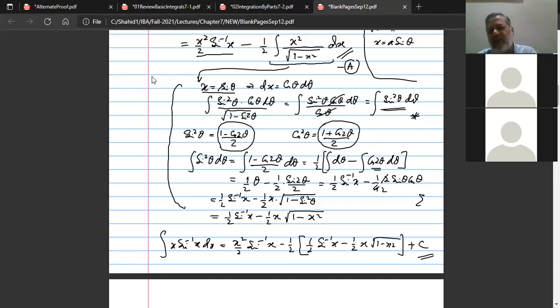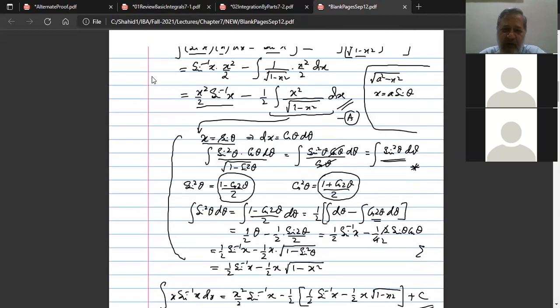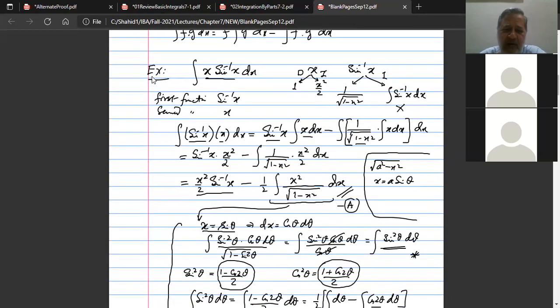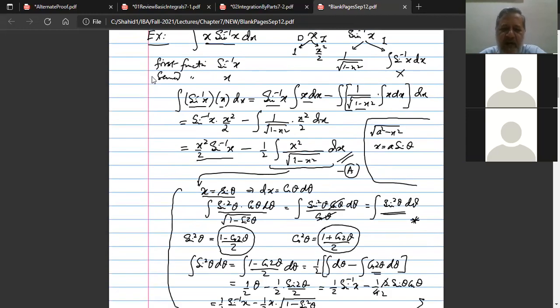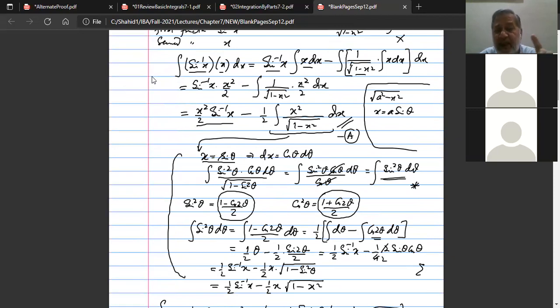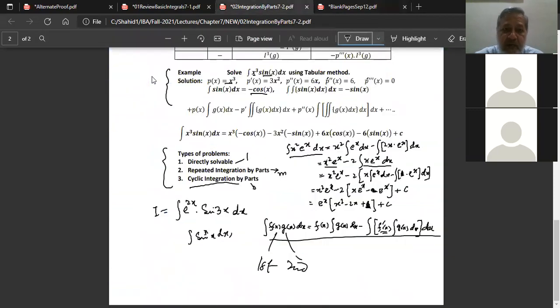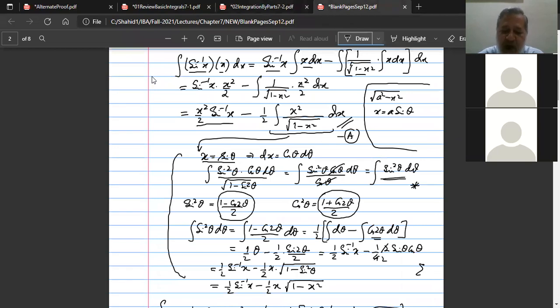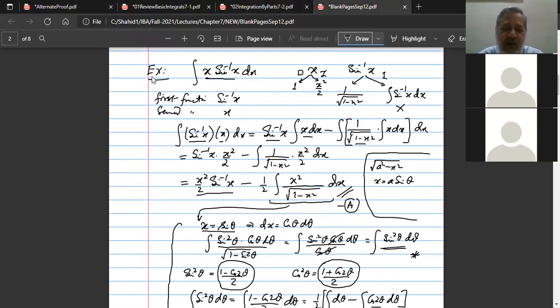Now that means what? In the demonstration of one of the situations, I came across a function which could be differentiated but could not be integrated. So I was forced to take this as a first function and then I have to solve it. लेकिन ये किस टाइप का प्रॉब्लम था? Out of these three, it was the first type, directly solvable, because only one integration by part is used here.